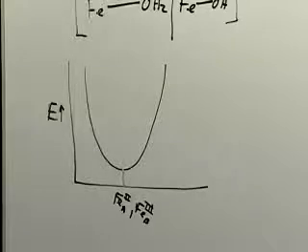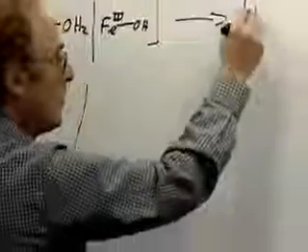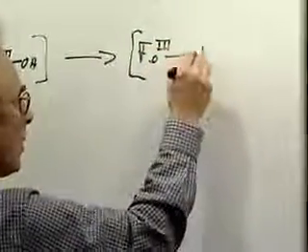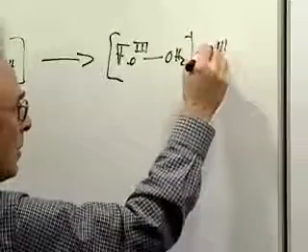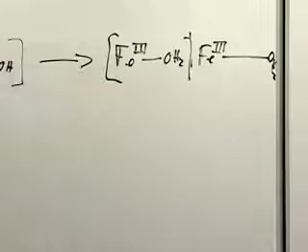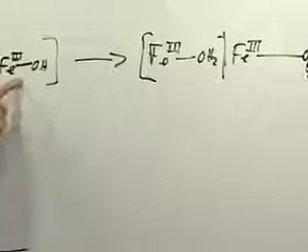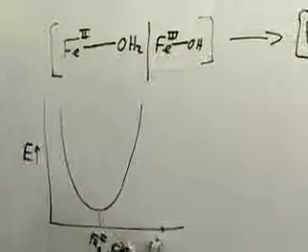On the other hand, this ultimately goes to the iron 3, where this one's short, and the iron 2, where this one's long. And that's going to have a different set of coordinates. If we're talking about the asymmetric stretch, it's going to have a different position.